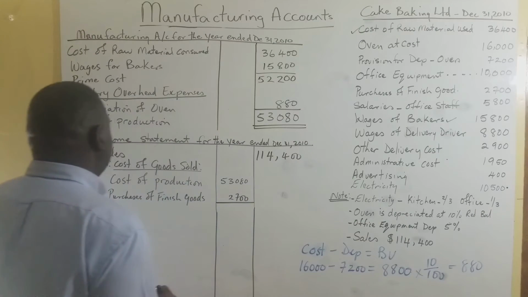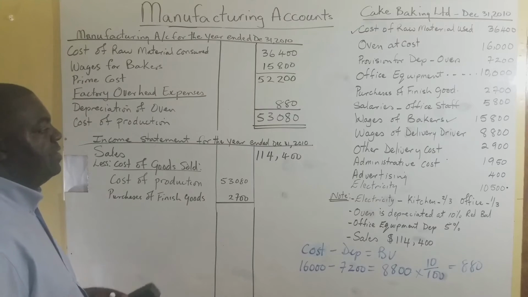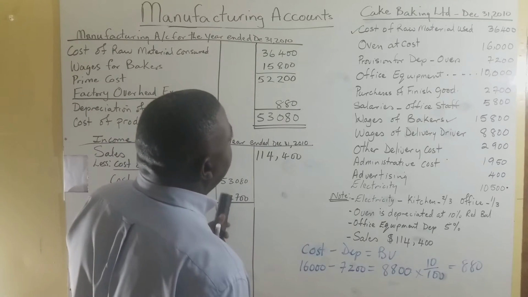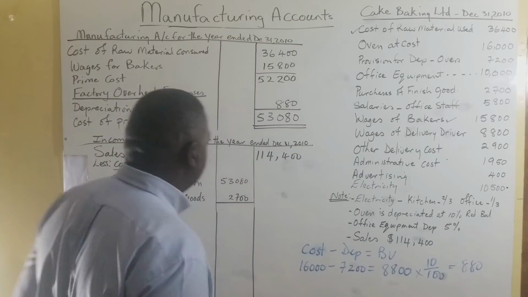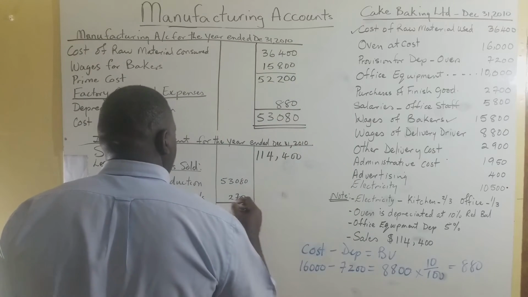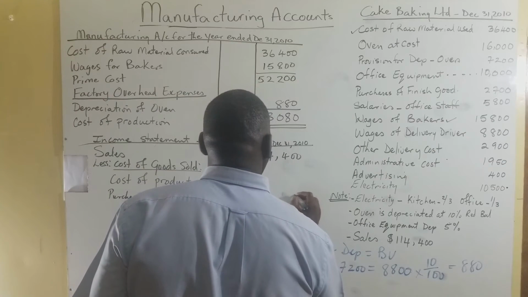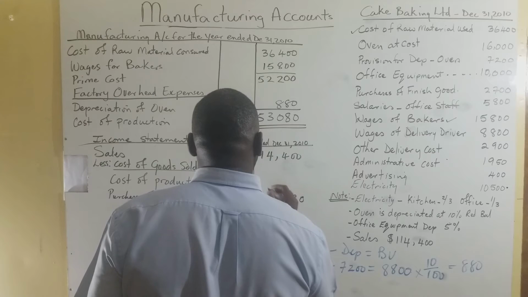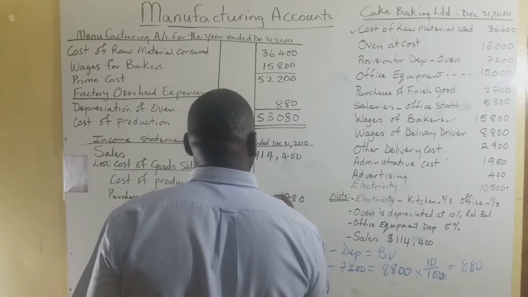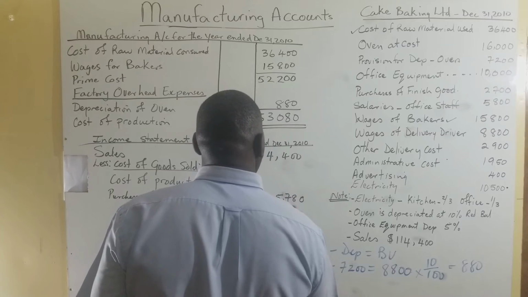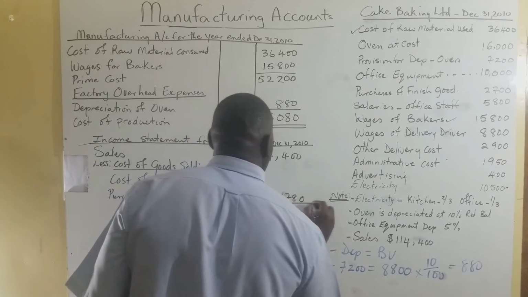All right, there is no closing stock of finished goods, there's no opening stock of finished goods. So we're simply going to add these two items based on our check. Yes, there's none, so we're going to add. We add these and we're getting 55,780.